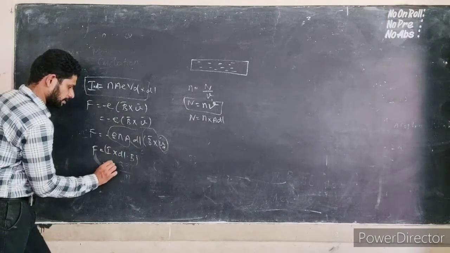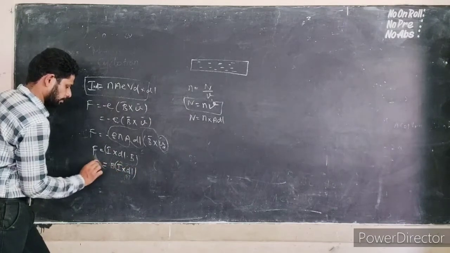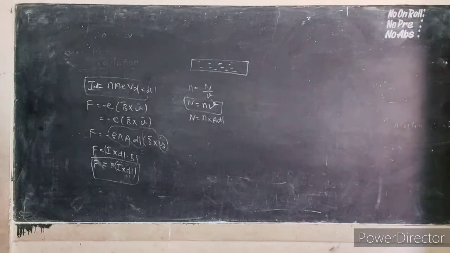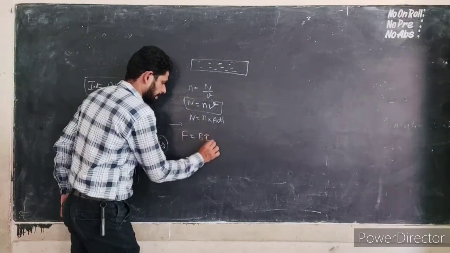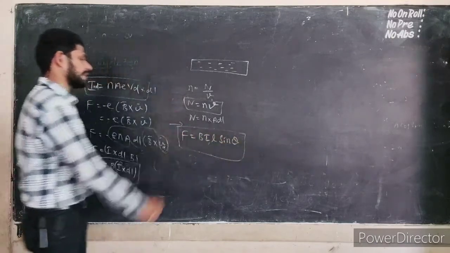So we can write this as I dl cross B. So the force experienced on the current carrying conductor, or else you can write F equal to B I L sin theta.